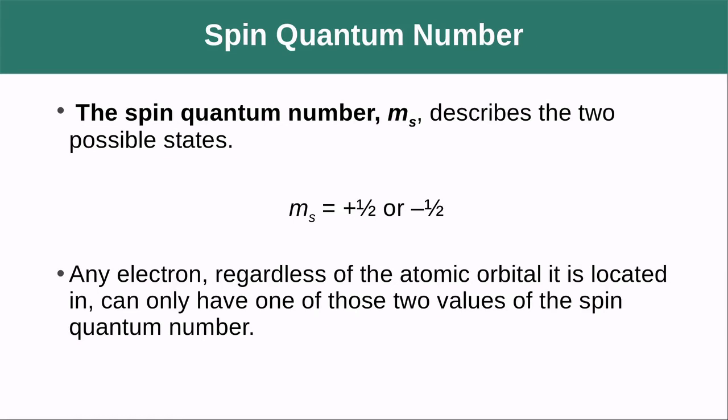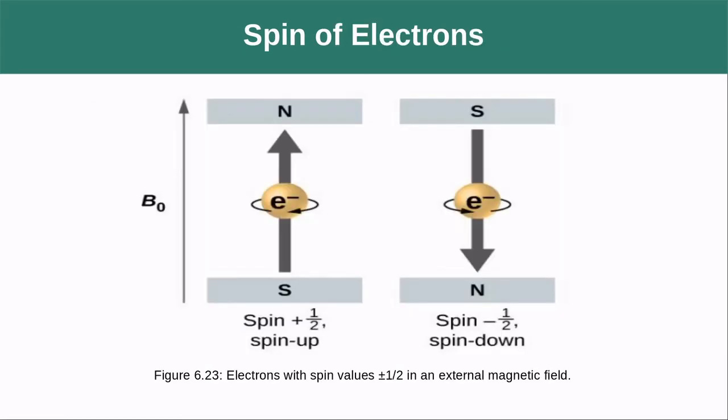The spin quantum number, ms, describes the 2 possible states. You can have plus 1/2 or negative 1/2. The basic idea is that if I had a vector pointing through it, it could be up or it could be down. Traditionally the notion was that the electron was spinning, and it's really only in recent years that this has been debunked.